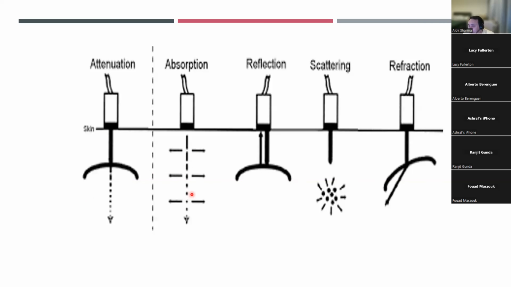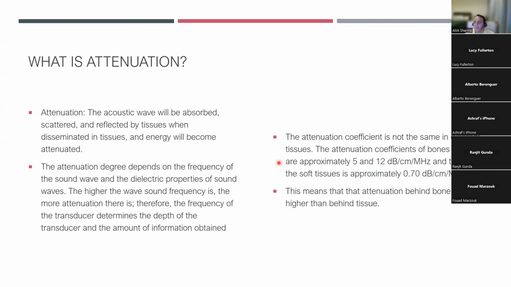There'll be absorption. And again, this is another important reason why deeper tissues may be less visible, and why you might need to reduce the frequency of the probe you're using to get better depth, because you want the sound waves to travel a longer distance or wavelength. We've discussed reflection, scattering, and refraction, so I'm not going to cover them in great detail, but attenuation is a very important concept.